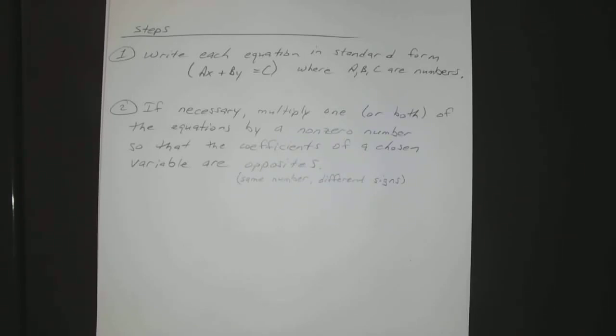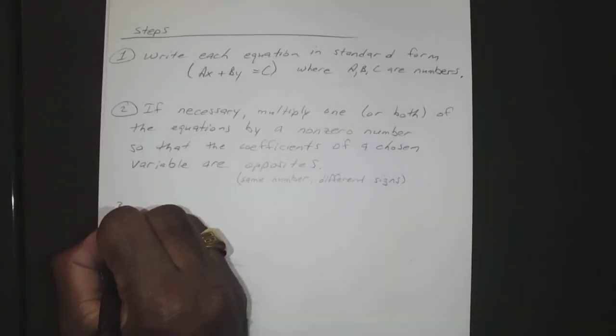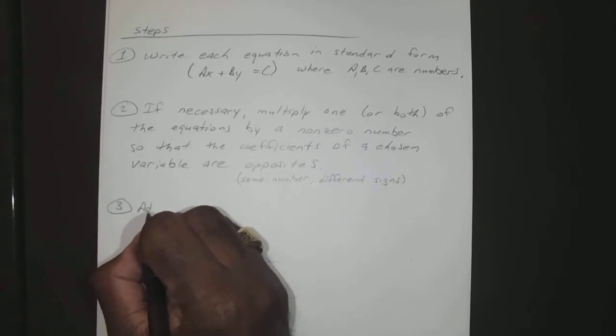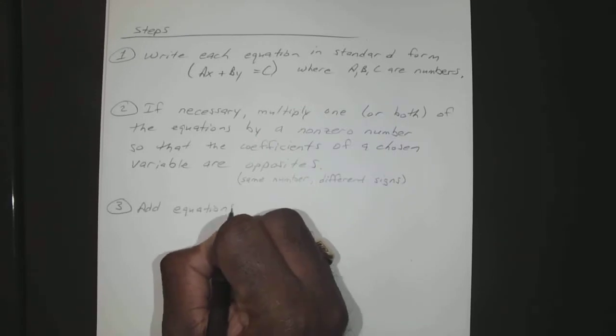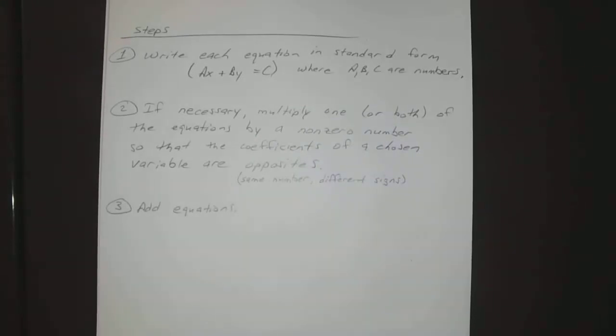Now your third step, you just want to add both the equations. You want to add the x terms together and the y terms together. If you did step number 2 right, one of those variables should disappear.